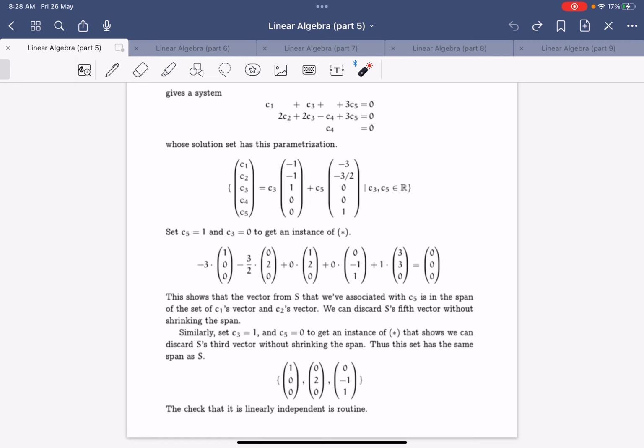And similarly, setting C1 equal to 1 and C5 equal to 0, we should ensure that we can disregard the third vector as well without shrinking the span. So thus the set has the same span as the following. And now we can check this is linearly independent.